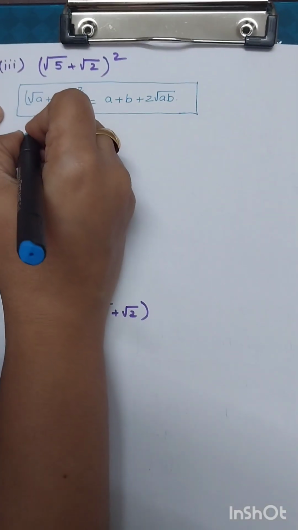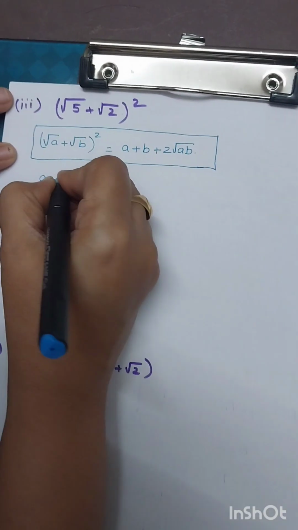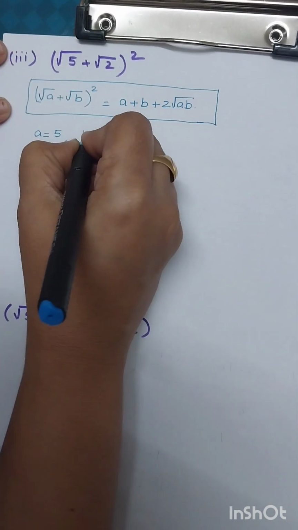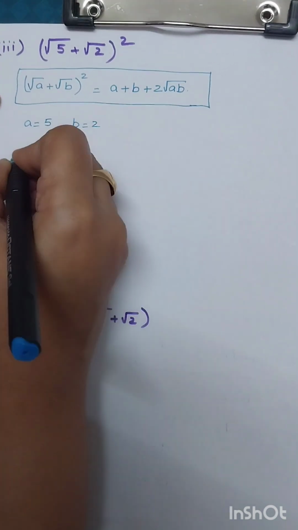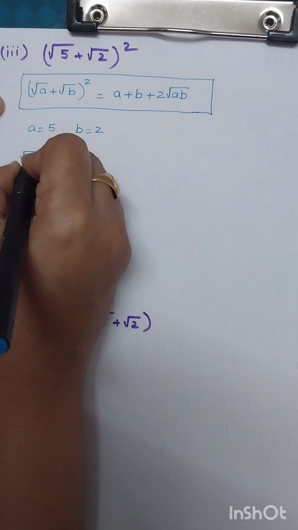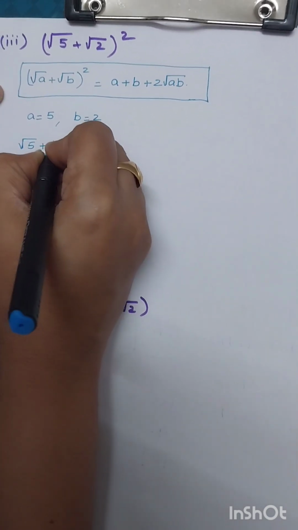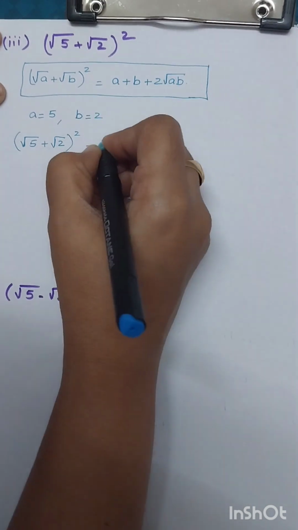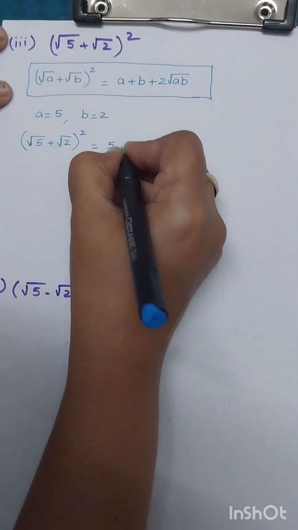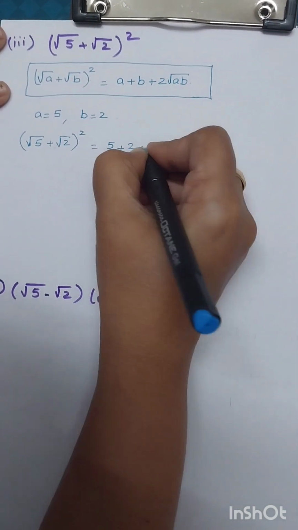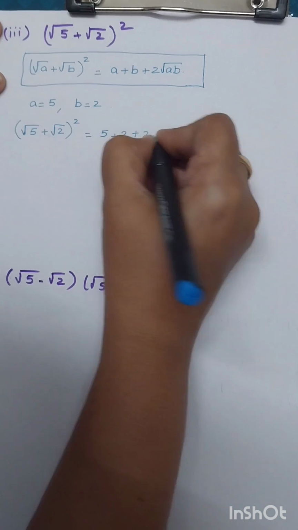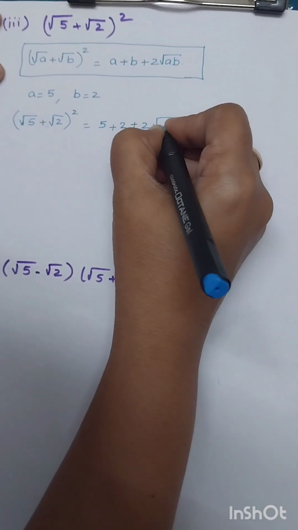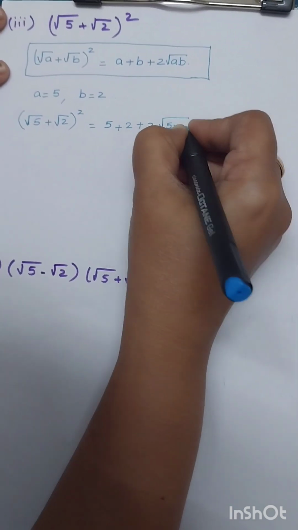So what is a here? a is 5. What is b? b is 2. Now (root 5 plus root 2) whole square. So what does this give? a, a is 5, plus b, b is 2, plus 2 into root of ab, that is 5 into 2.